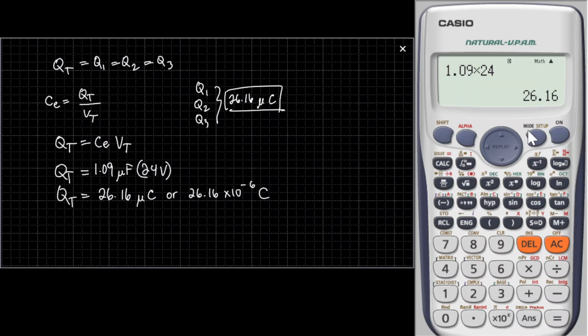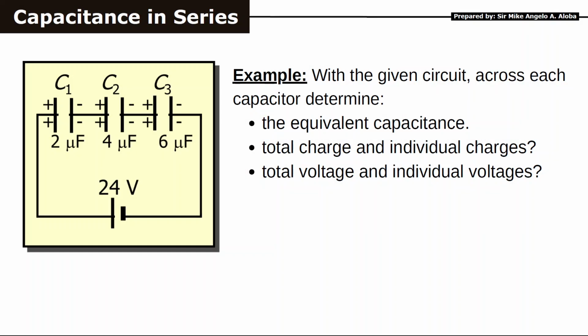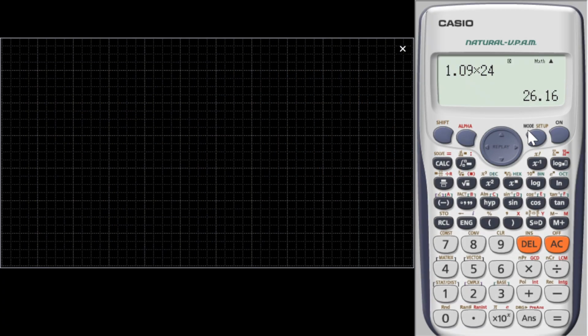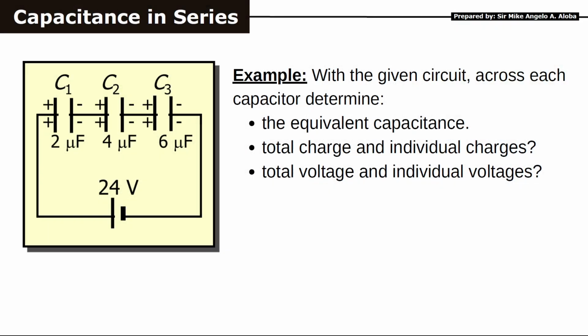Now, how about the total voltage and individual voltages? So we all know the total voltage. VT is equal to 24 volts. Where does 24 volts come from? It comes from the battery here.